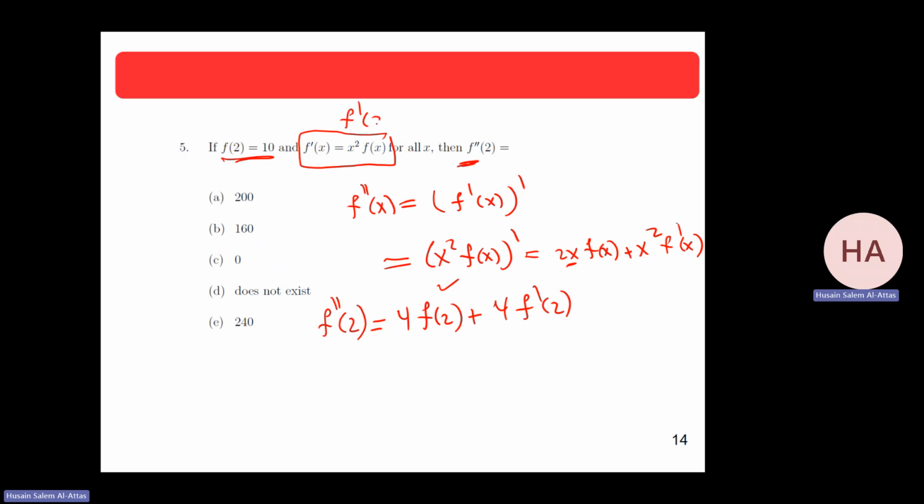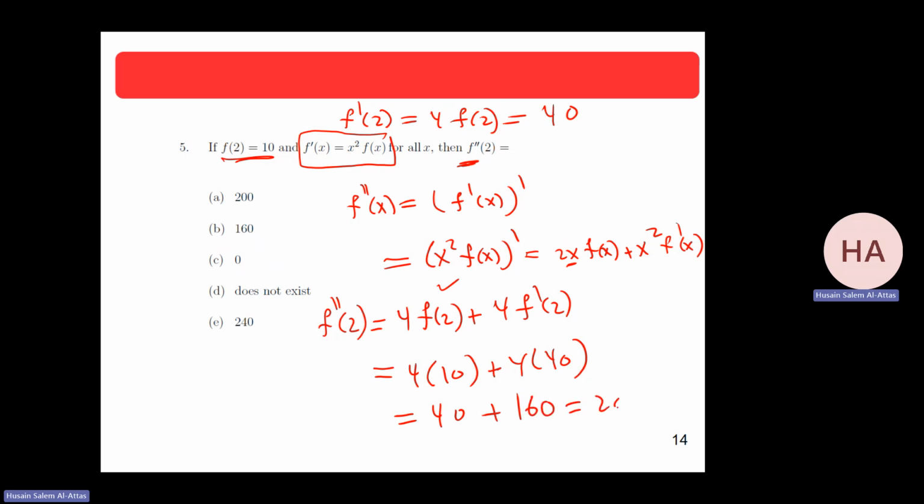It will be 4 f at 2, and f at 2 is 10, so that will be 40. So I have 4 times 10 plus 4 times 40. That gives me 40 plus 160, which is 200. So that will be my answer.